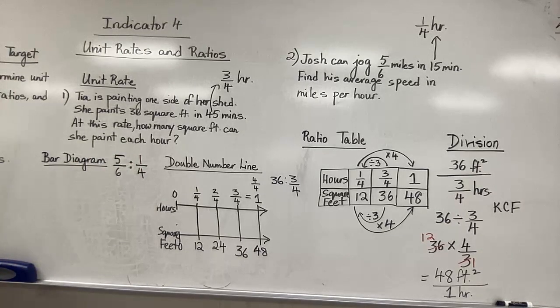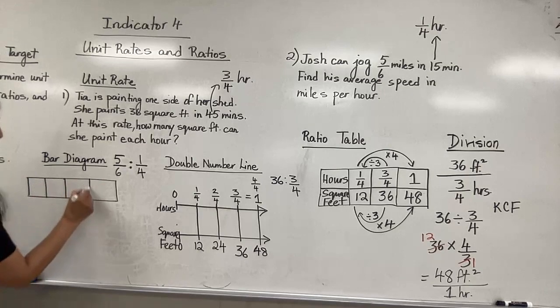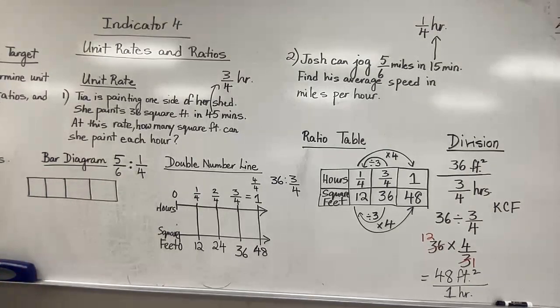Okay, so I am going to make the first bar into 4 sections to demonstrate the hours. Okay, so here's my first one. All right, we have 4 sections over here. All right, and right now we have 1/4 of an hour, this much, right?